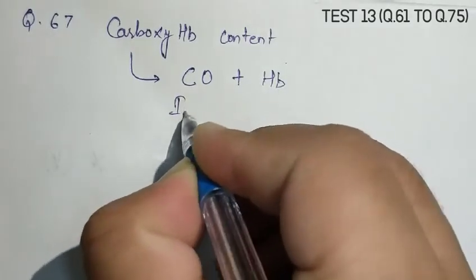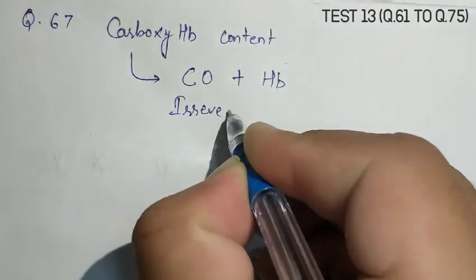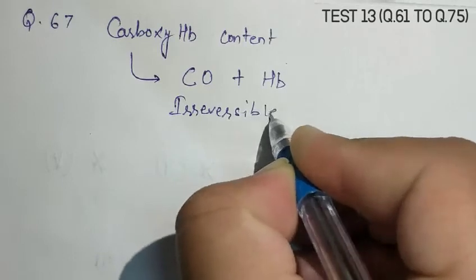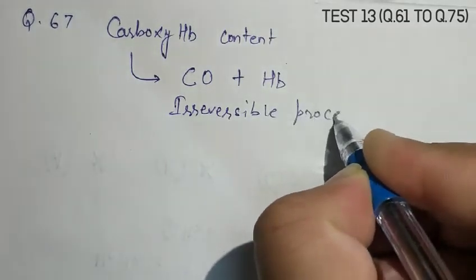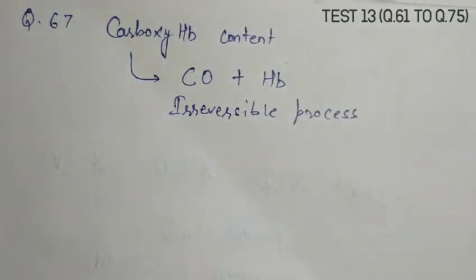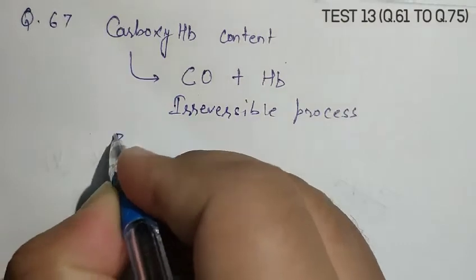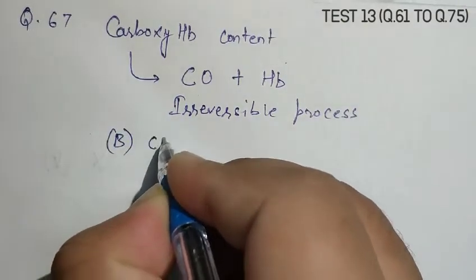It is an irreversible process. Which of the following conclusions is most likely to be correct? A. Carbon dioxide, B. Carbon monoxide, C. Carbon disulfide, or D. Chloroform. So the correct answer is B. Carbon monoxide.